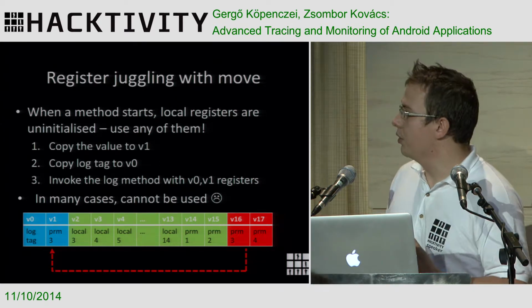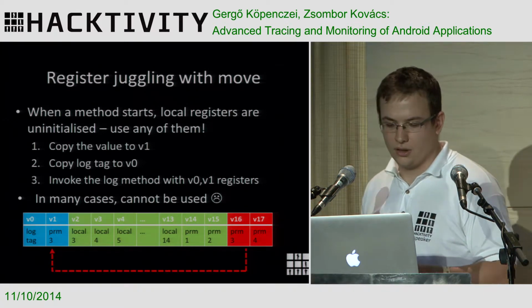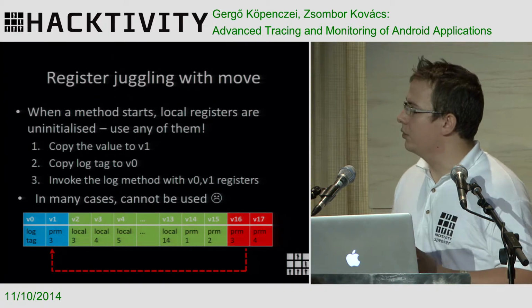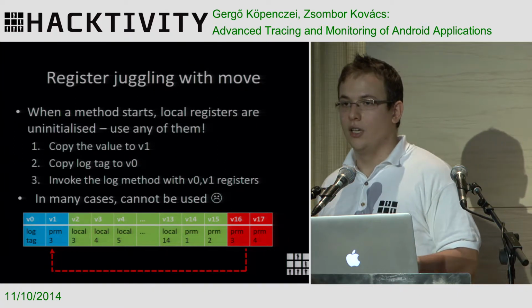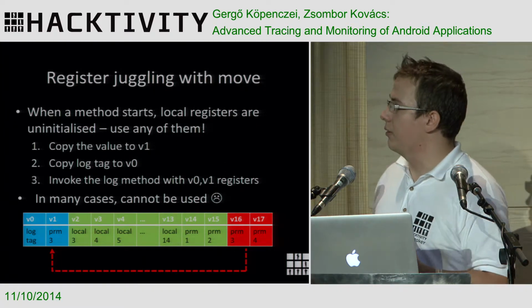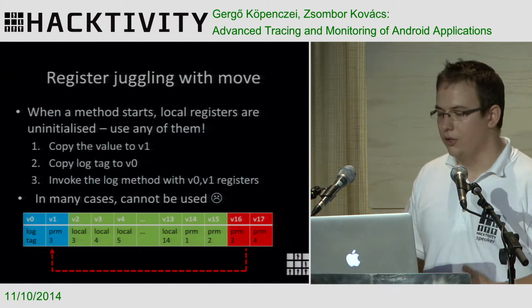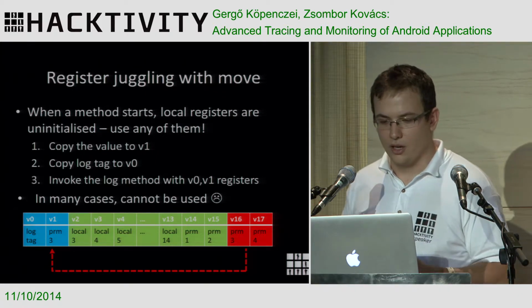So the only thing we do, we copy the parameters back to local registers and store them there. And in that way, we can use v0 as the temporary storage for the log tag, and v1 as the temporary storage for given parameters. And then we can use this to invoke the log method.